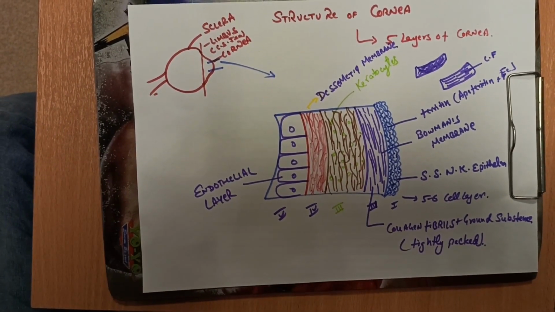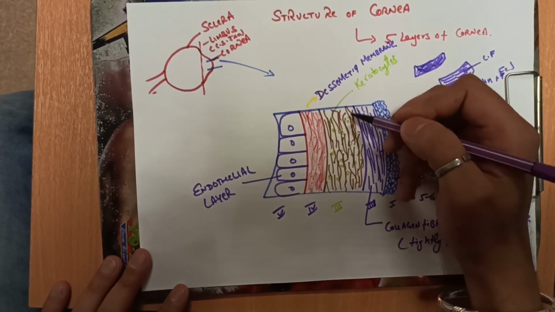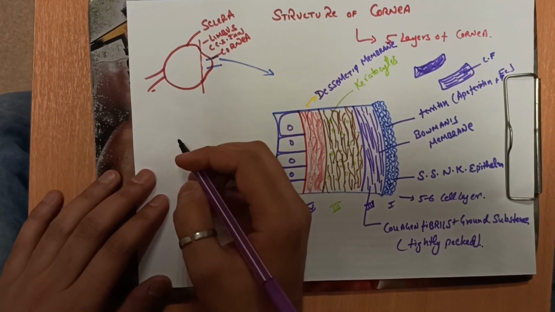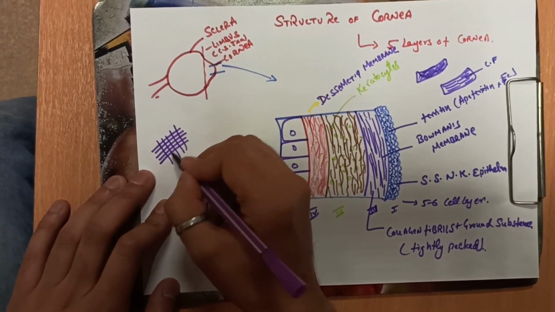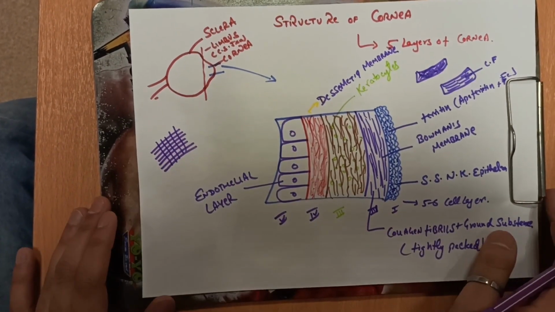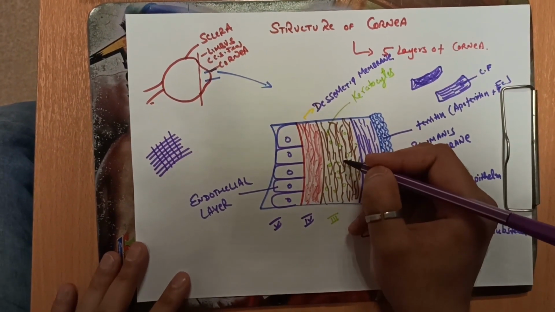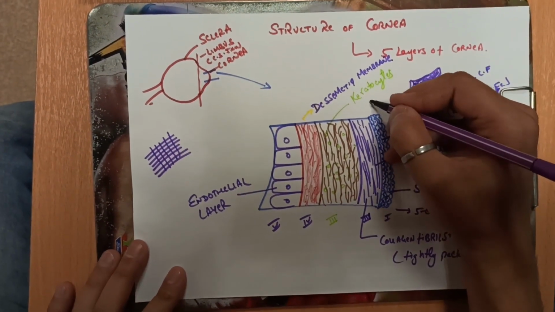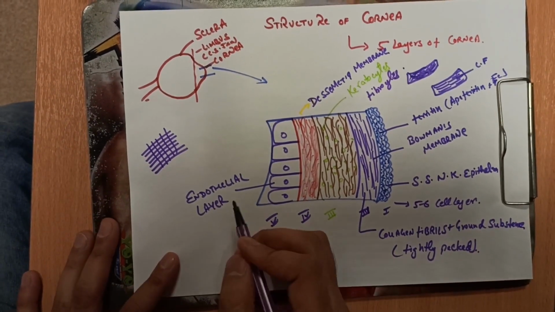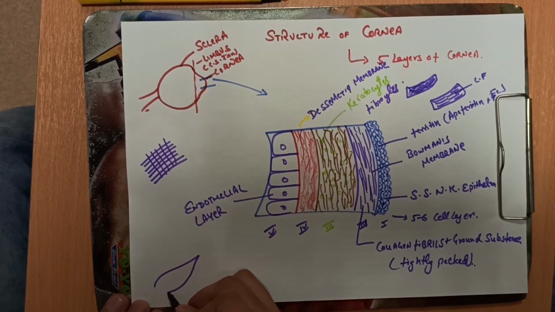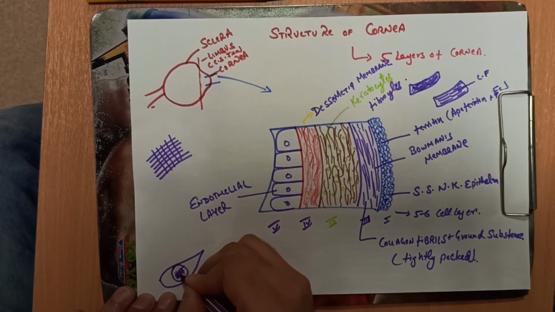Coming on to the stroma, it consists of very fine collagen fibers arranged in a special network. In detail, these are in the form of a lattice. You might have studied in chemistry what a lattice structure means. These are always in the form of a lattice, and in between these collagen fibers there are keratocytes, or you can say fibrocytes. Viewing from the front of the eye, okay, this is not a beautiful eye, but this is what a stroma looks like.